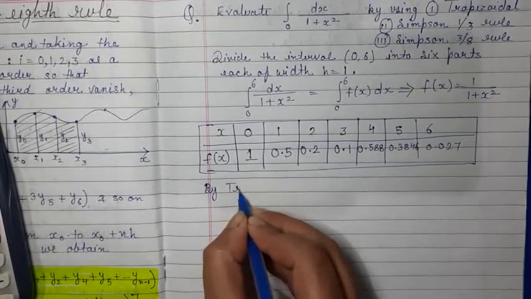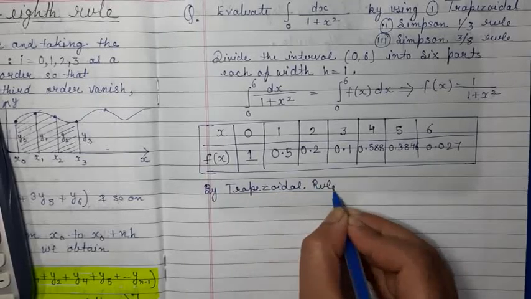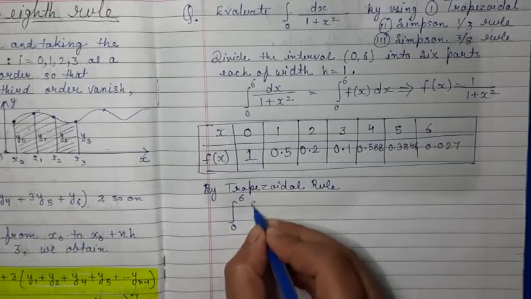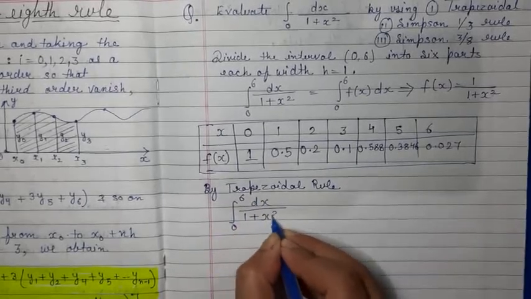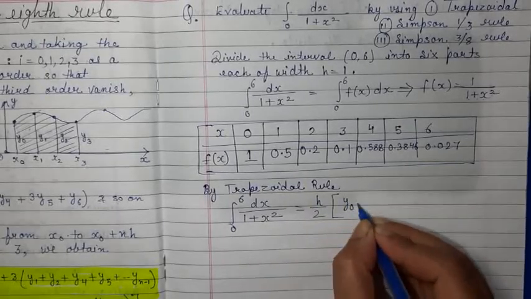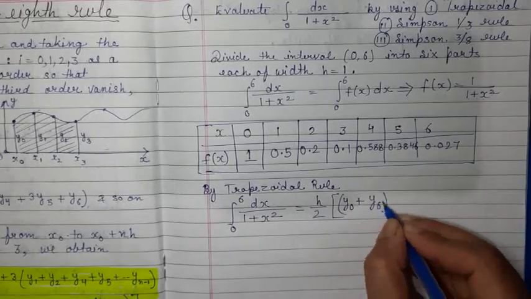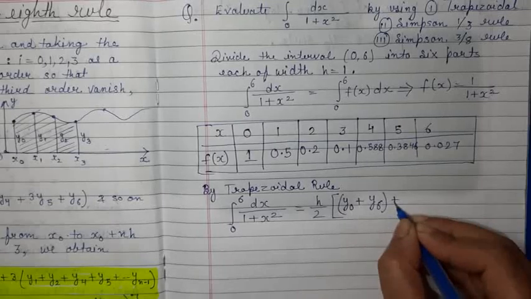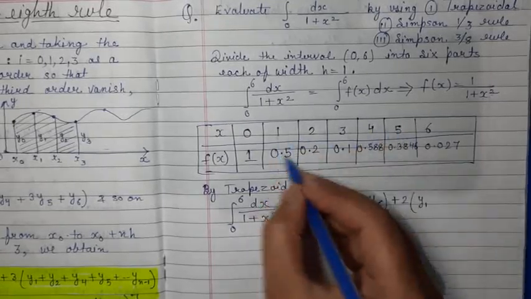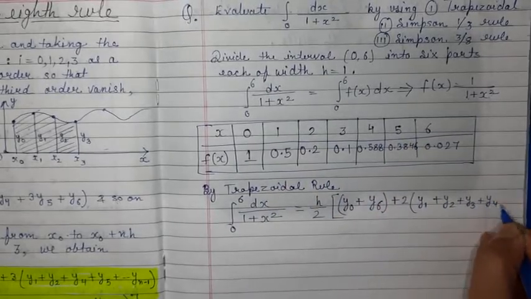By the trapezoidal rule, what do we know? The integral from 0 to 6 of dx by 1 plus x square is equal to h by 2 times, first y0 and the last one y6, plus 2 times all the values in between, that is y1, y2, y3, y4 and y5.